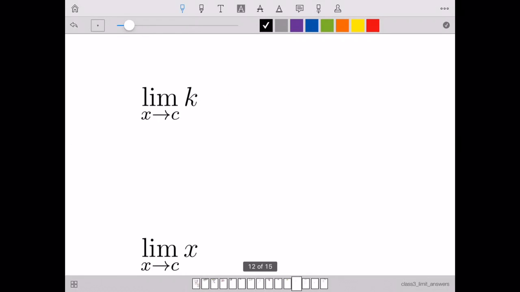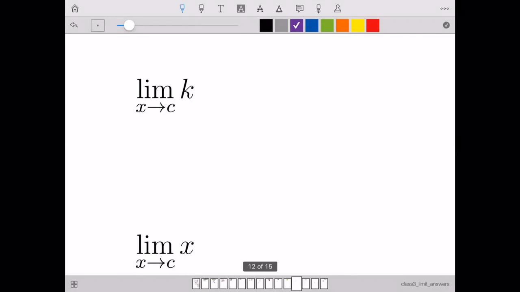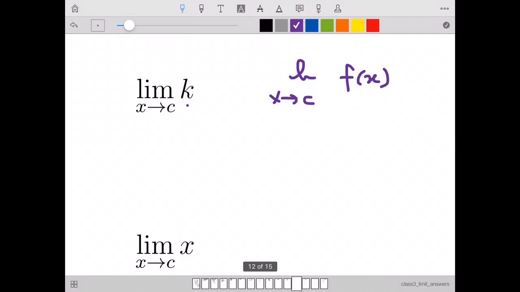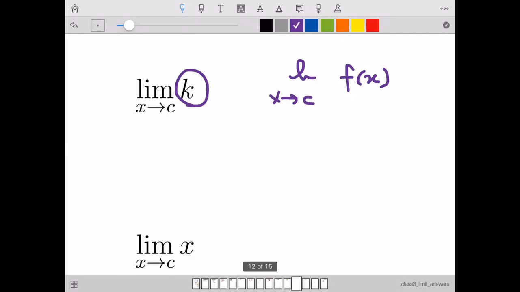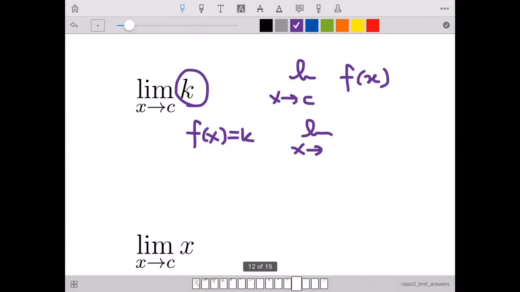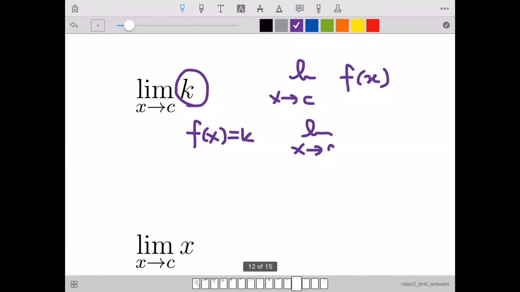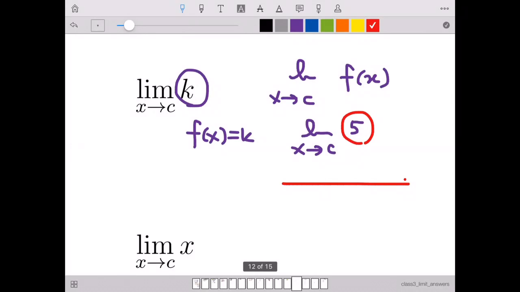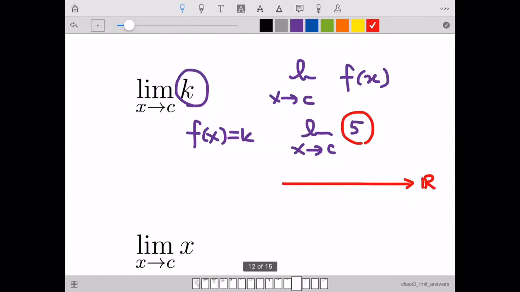Limit of k as x approaches c. Note that we have the limit as x approaches c of f of x, so that k is the function f of x equals k. So for example, if we have the limit as x approaches c of 5, that 5 is not on this real line.